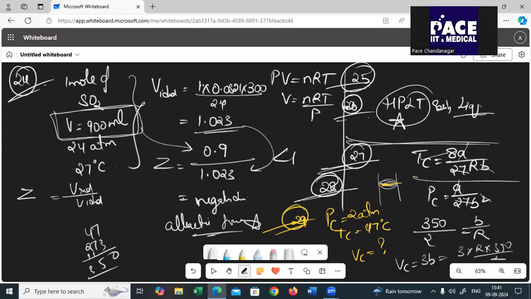Just calculate this. You will get the value. R, take it as 1 by 12 for convenient values. This is 3 into 25, I would say, and 75 by 2, somewhere close to that, you can go with your values there.